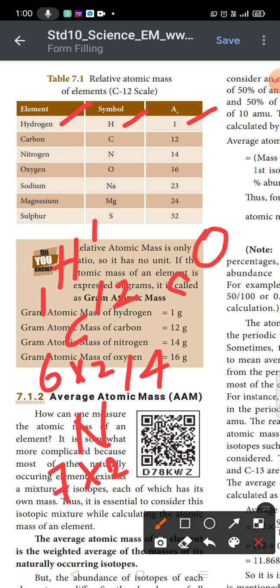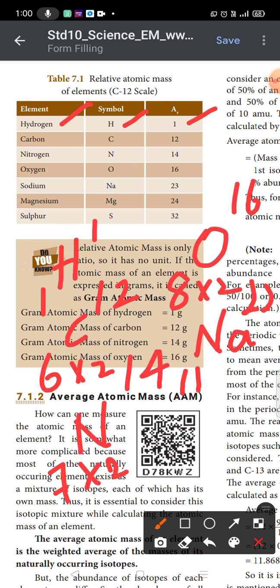The next one is oxygen. Oxygen has atomic number 8, and the mass number will be 16. We double the atomic number and get 16 as the mass number. The next one is sodium. Sodium has atomic number 11. When we double it, we get 22, but 22 is not the mass number of sodium.